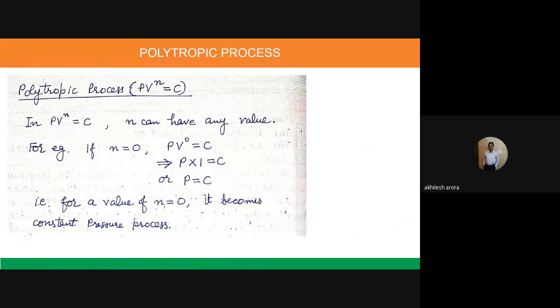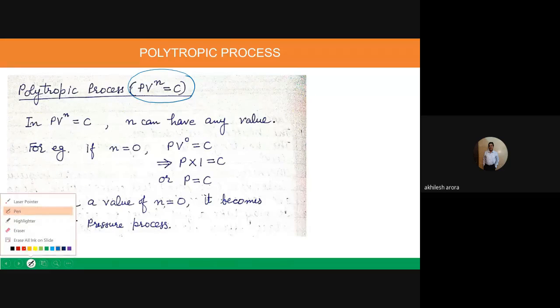Now we proceed to the polytropic process. Now when we say polytropic process, it's a very interesting process. Why interesting? Because in this case, the relationship is PV raised to power n is equal to constant. This is one of the relationships, and I can get two more relationships like I have written for a reversible adiabatic process.